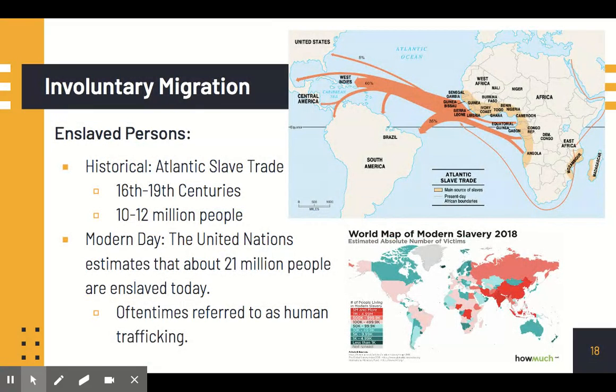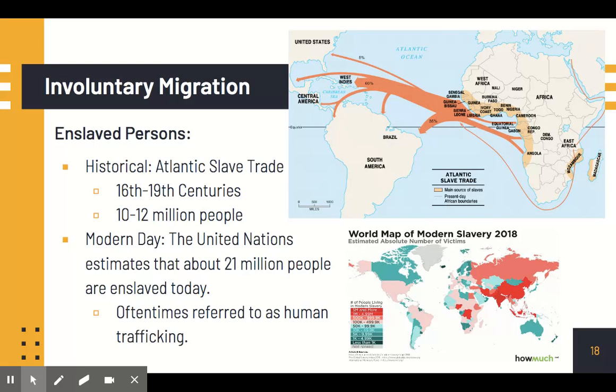Okay, and then the last type of involuntary migration are enslaved persons. And of course, we know the historical example, the Atlantic slave trade during the 16th and 19th centuries. It's projected that 10 to 12 million people crossed the Atlantic, were forced into enslavement from West Africa.